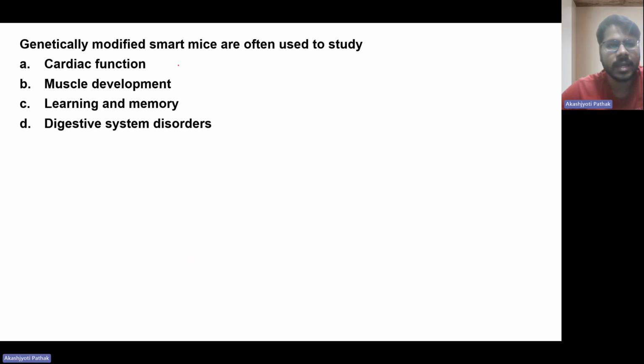Now answer this question: genetically modified smart mice are often used to study what? So why are they called smart mice? If you want to study neurological disorders or brain function in mice, then you need transgenic, genetically modified mice. These are called smart mice.